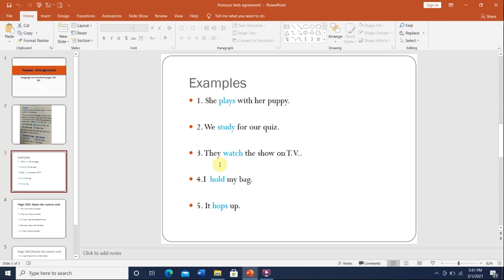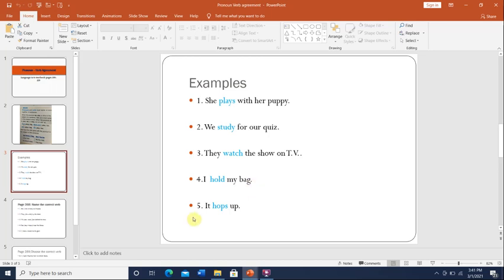They refers to more than one person. So did we add an s to the verb? No, we did not add s or es. They watch the show on TV. When you begin the sentence with I, you do not add an s to the verb, although you are one person. I hold my bag.